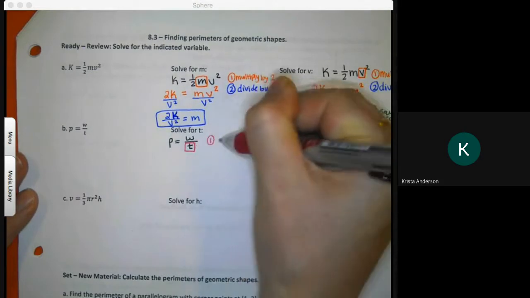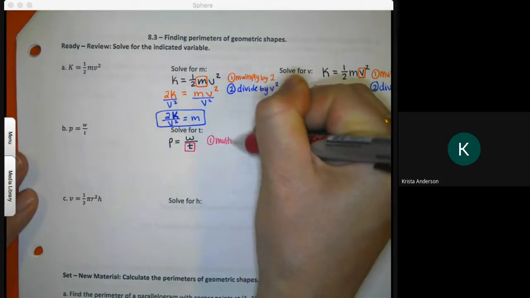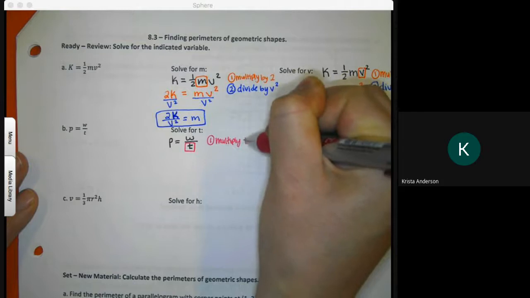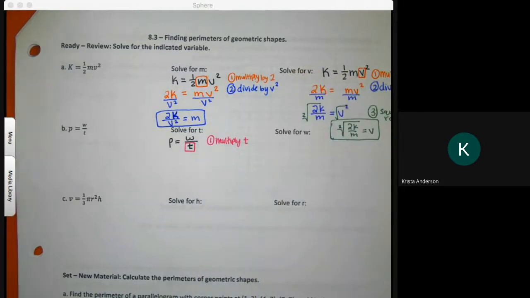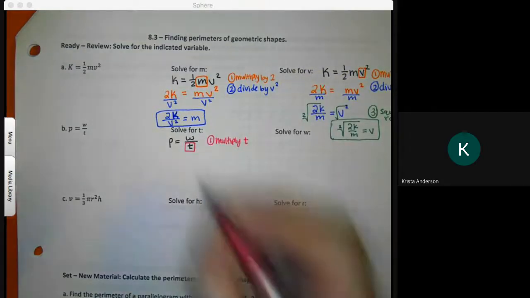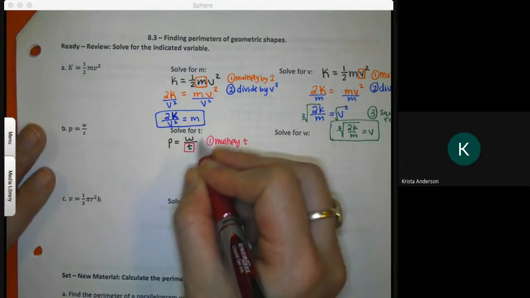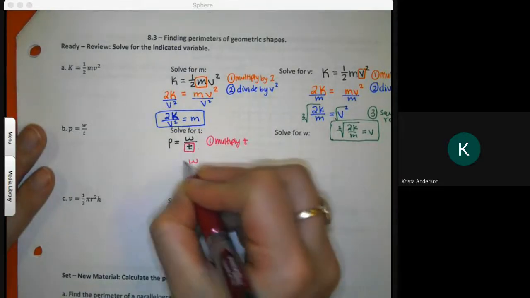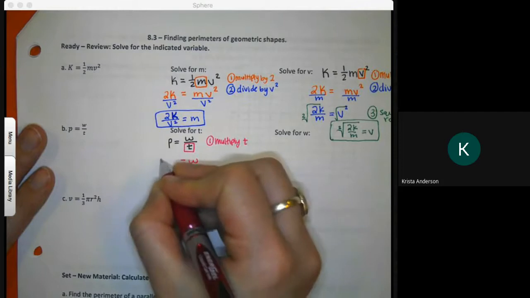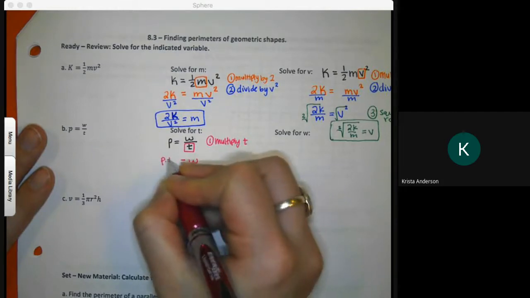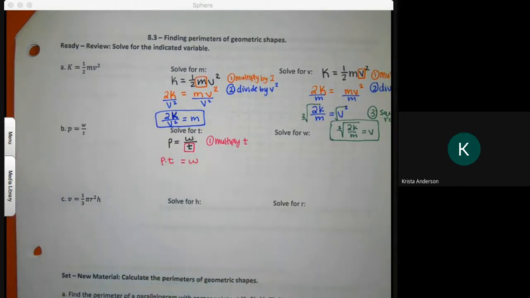My first step is I will multiply by T because I don't want T in the bottom. When I multiply by T, it'll cross off on this side and leave W. When I multiply P by T on the left, T on the right.